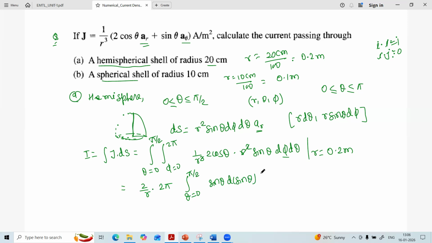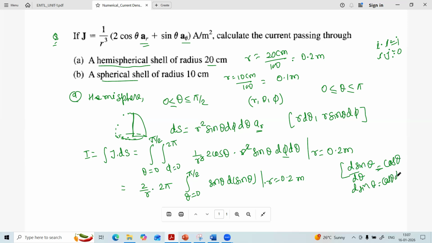Here r is already constant, 0.2 meter. How are we getting this? If you differentiate sine theta with respect to theta, we get cos theta. So d sine theta equals cos theta d theta.